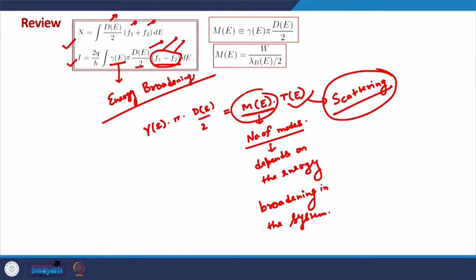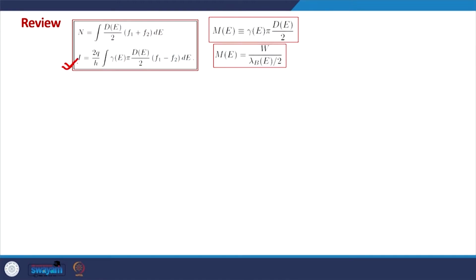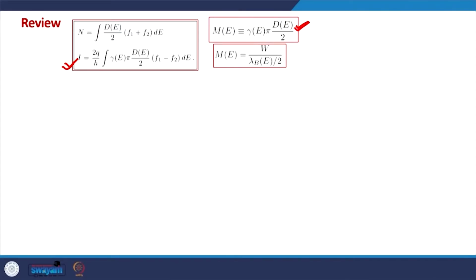So this is an extremely important expression that we need to use when we deal with a new device, or when we try to understand the transport in a more fundamental way, even in our conventional nanoscale devices. In this discussion, this notion of modes comes out, which is defined as gamma times pi times dE by 2.